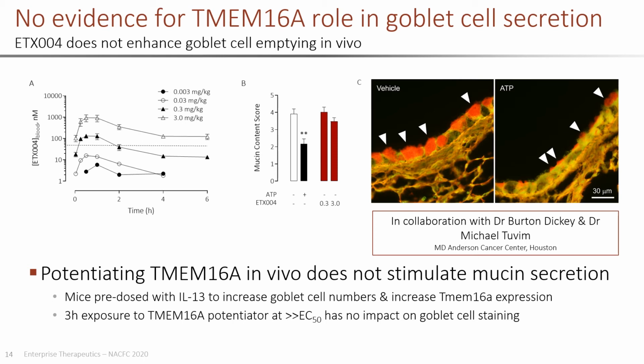But the positive control for the system, inhaled ATP, caused around a 50% emptying of the goblet cells. So the take-home message here is that in mice with a goblet cell metaplasia, we can see no evidence of a TMEM16A potentiator at levels way in excess of those required for target engagement having any effect on goblet cell emptying.